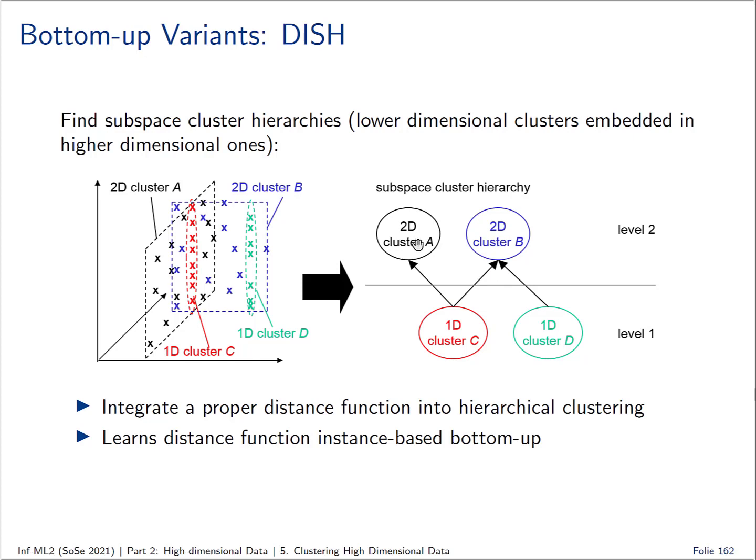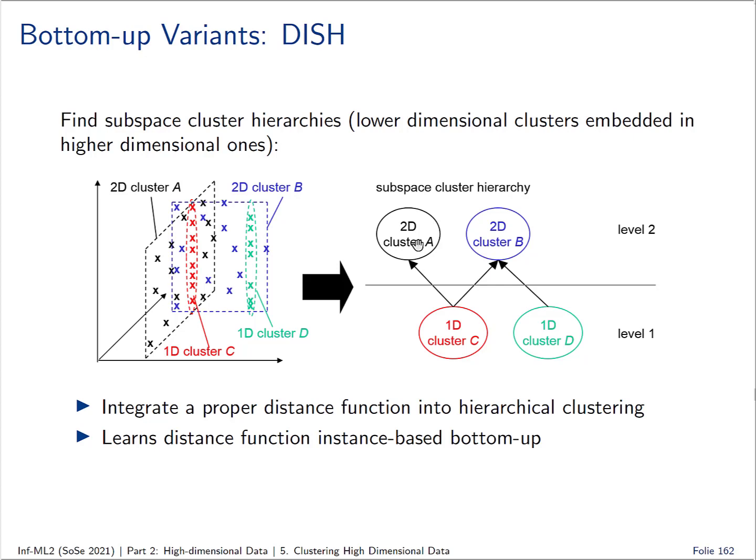Finally, I just want to show you very, very briefly that you can go beyond as far as you like. So here is a variant that finds subspace cluster hierarchies. We have this information that lower dimensional clusters are embedded in higher dimensional ones.